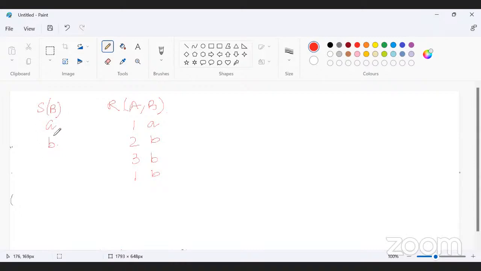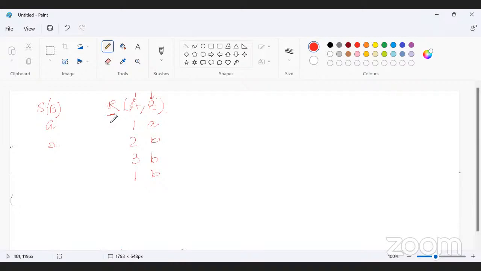Okay, so we need to check only those student IDs. Suppose you assume that A is the student ID, B is the course ID, and this is the student table, right?